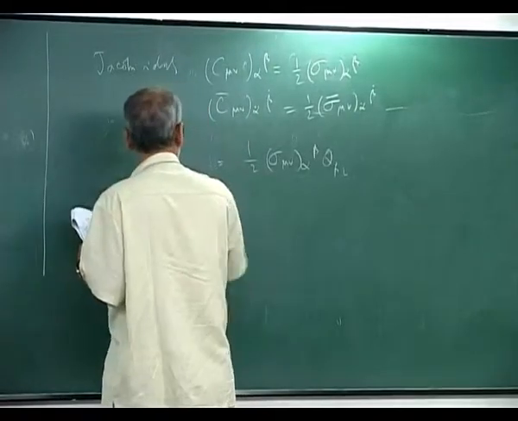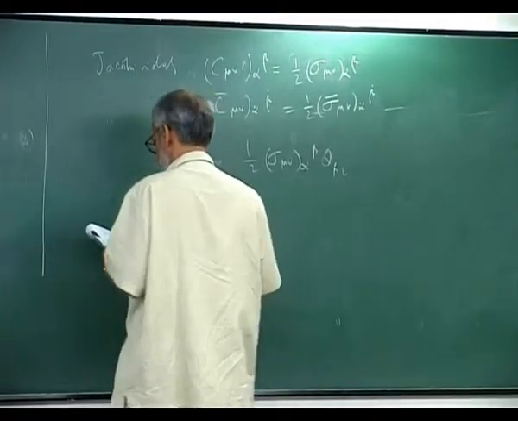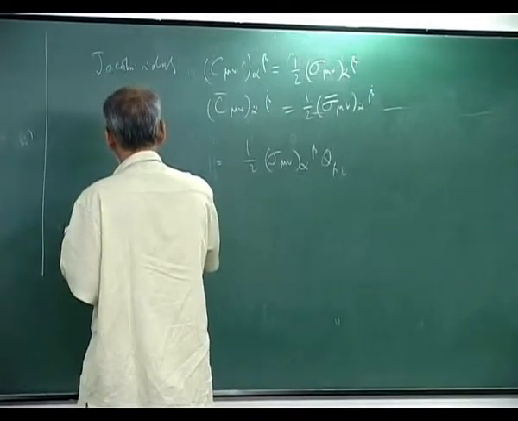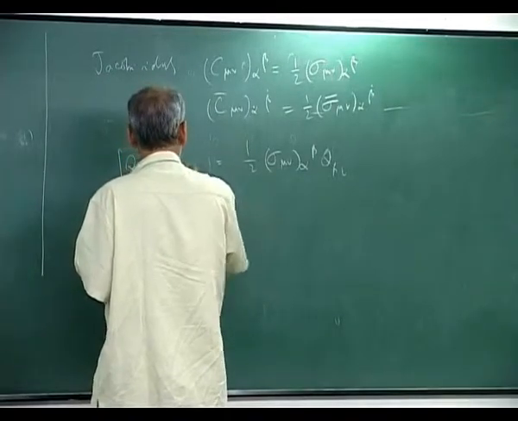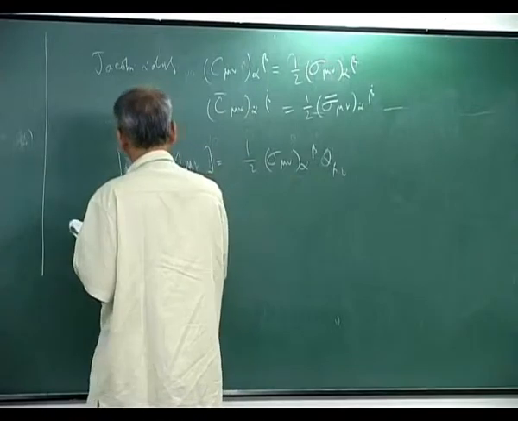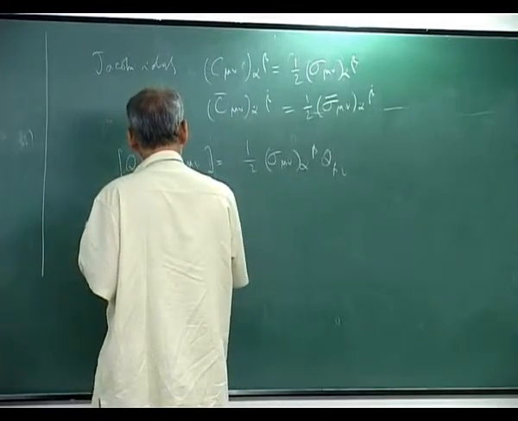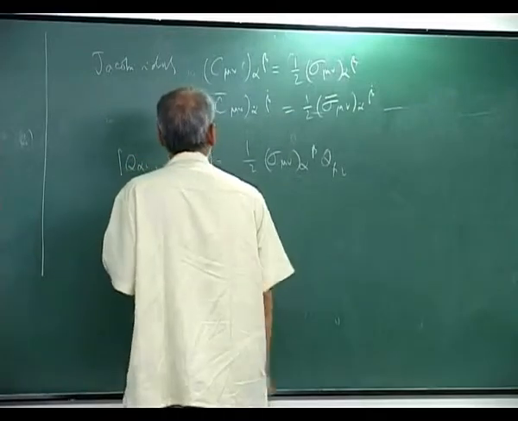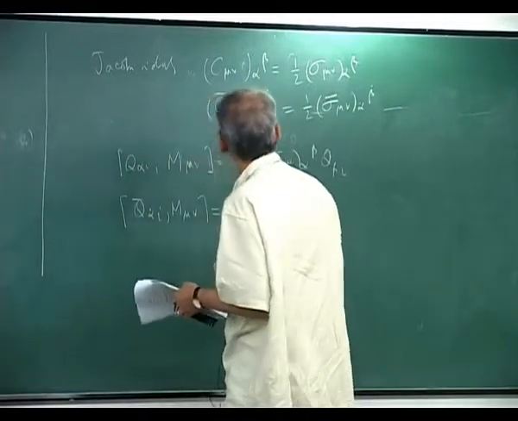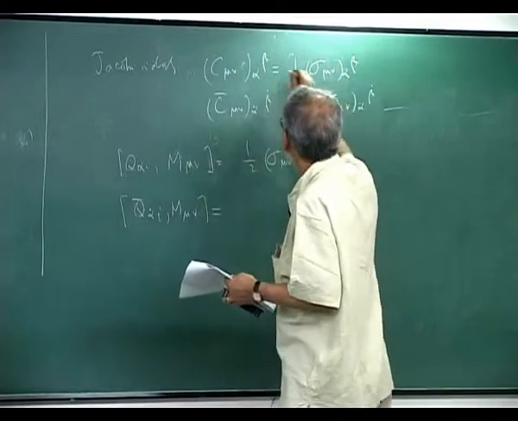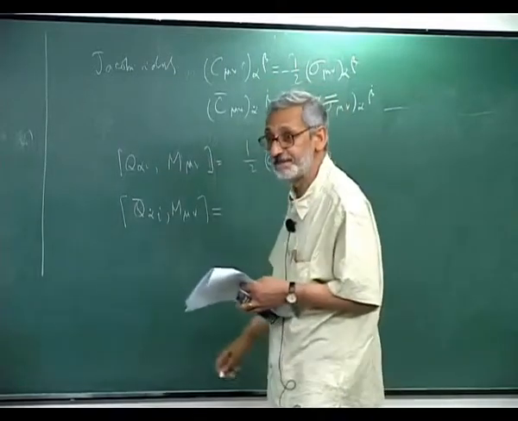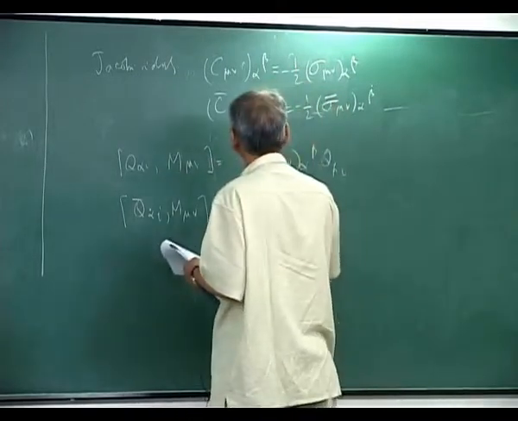The algebra I have written, the correct answer is this way: Q alpha I with M mu nu and Q bar alpha dot I with M mu nu is, maybe there is a minus there, and this turns out to be half.